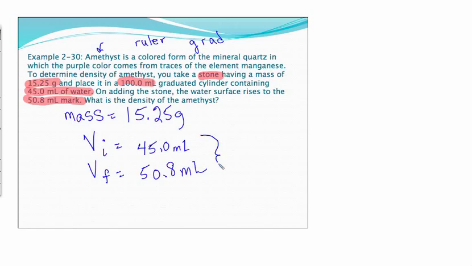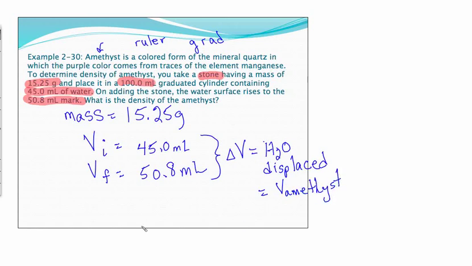Now, the difference between these two is the water displaced. So the change in volume is going to be the water that was displaced by the stone. And that's going to equal the volume of our amethyst. Love amethysts, they're a beautiful purple color.